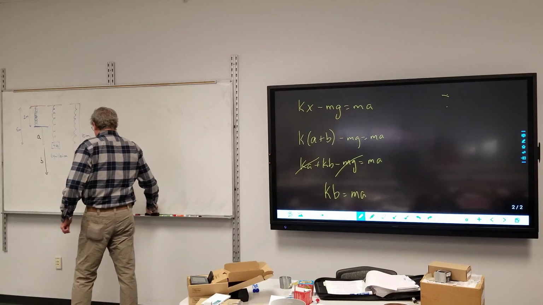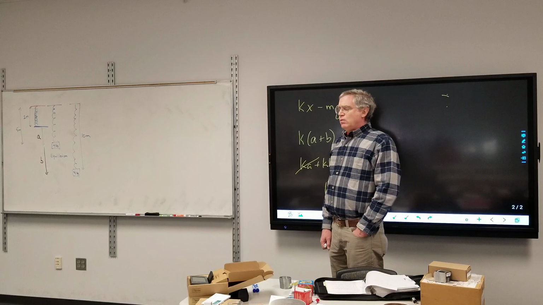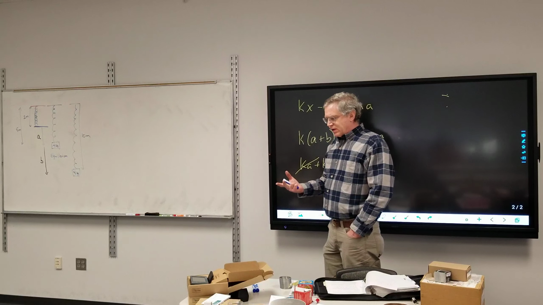So I want to know how fast this is moving when it goes through this spot right here, when it passes its equilibrium position. So the first way we're going to do it is with the trig functions. I know that position for something in simple harmonic motion is equal to some amplitude times cosine or sine, cosine makes more sense here, times omega t.